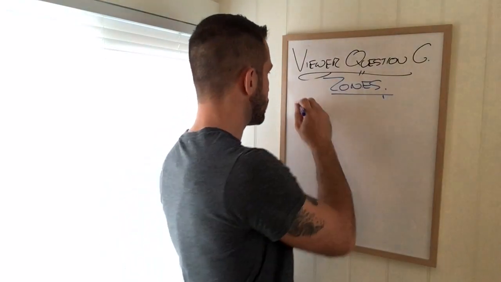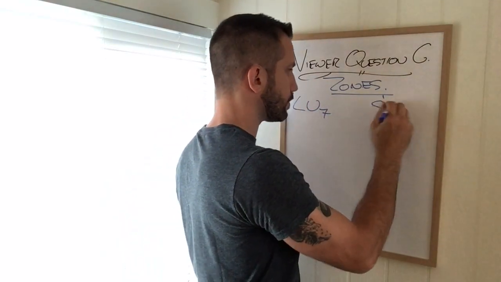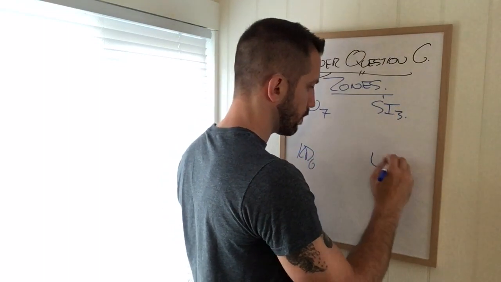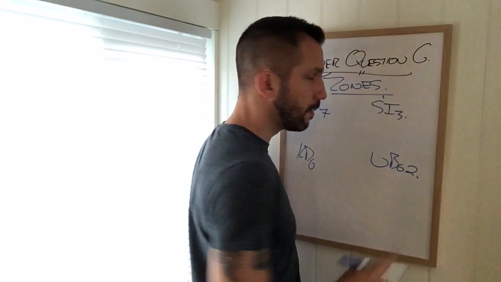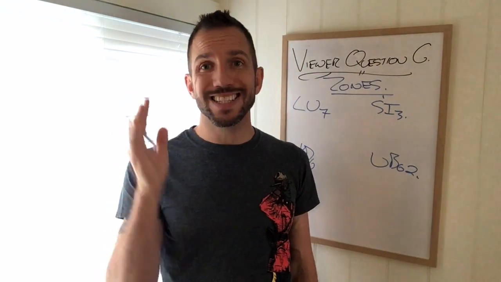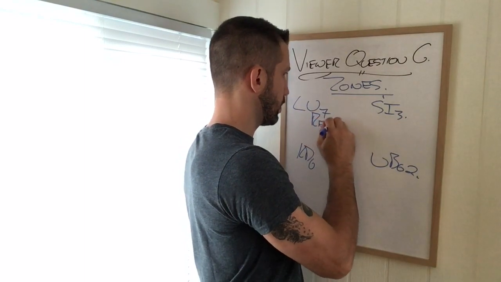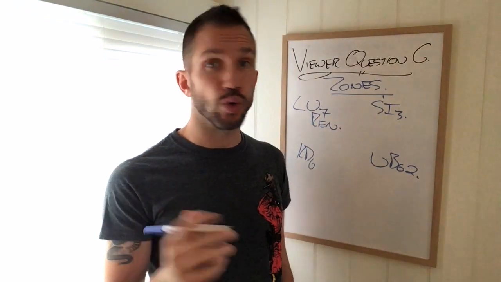So let's start with our Ren-Do pair. Of course, lung 7 helps us open Ren. SI3, Do.